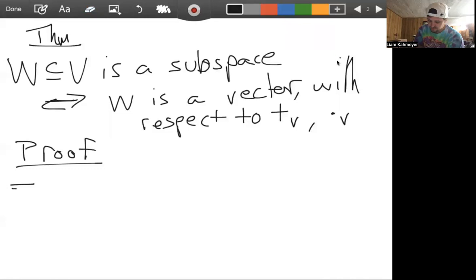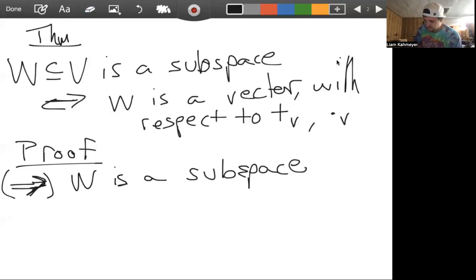And let's go in the forward direction. The forward direction means we assume that W is a subspace, and then we need to show that W is also a vector space.